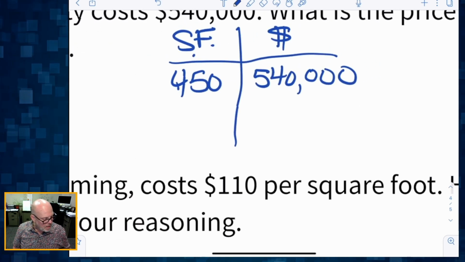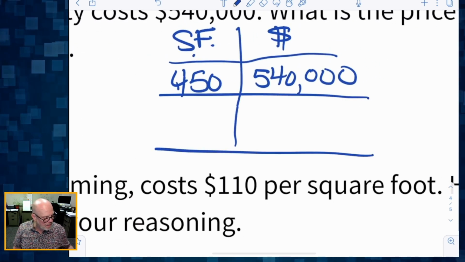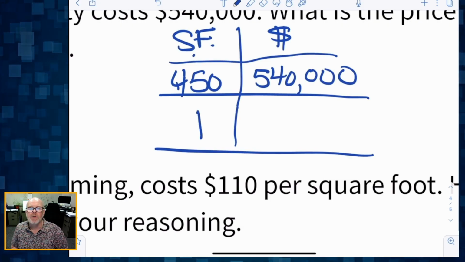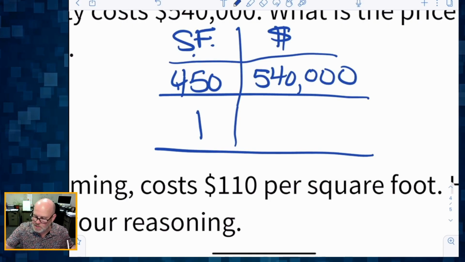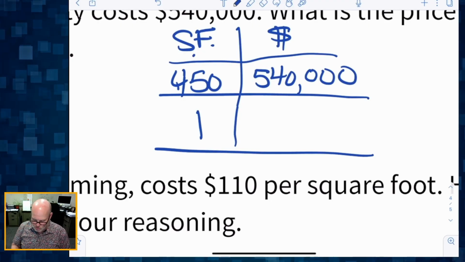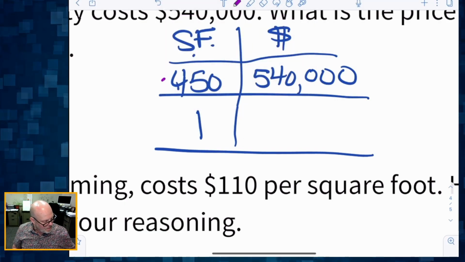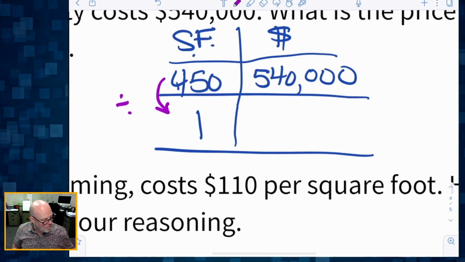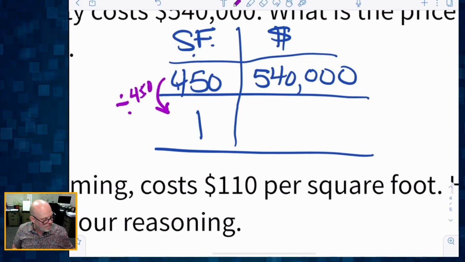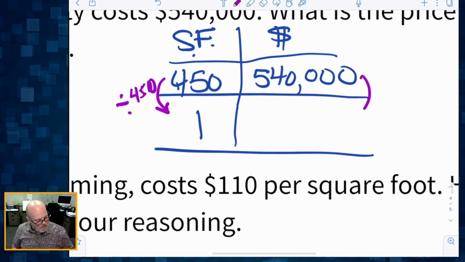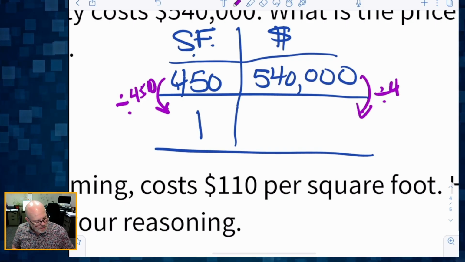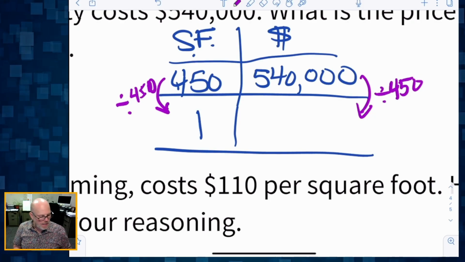Meaning I want to scale down to 1 square foot. And so if I'm going to scale down to 1 square foot, I'm going to need my calculator on this one, I think. So that means I'm going to divide by 450, which means I'm going to scale down by dividing by 450.